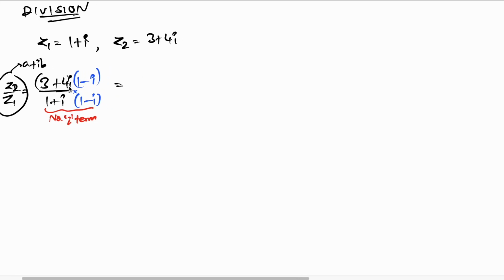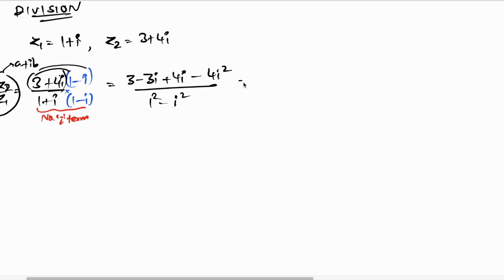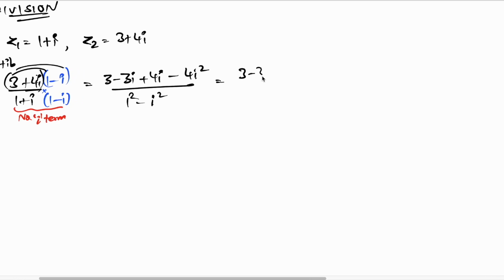In the numerator, I'll get 3 minus 3i plus 4i minus 4i squared upon 1 squared minus i squared, which will give me 3 minus 3i plus 4i plus 4, since i squared is minus 1. Similarly, in the denominator, I'll get plus 1.